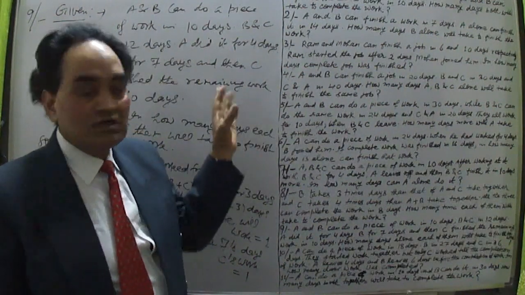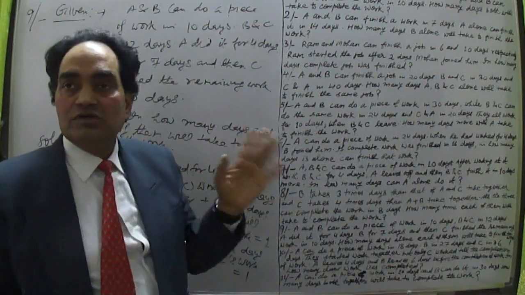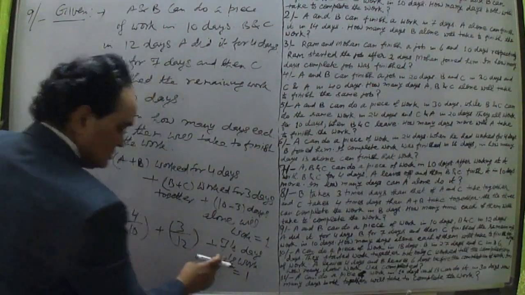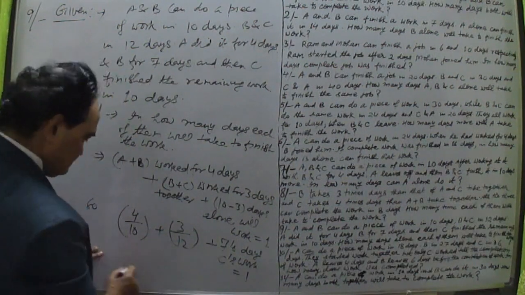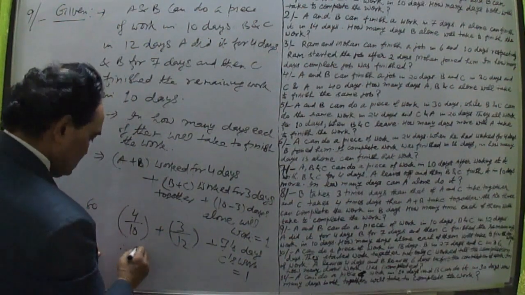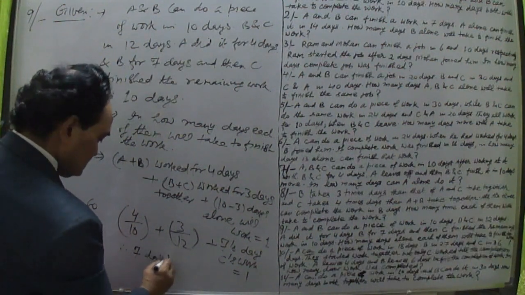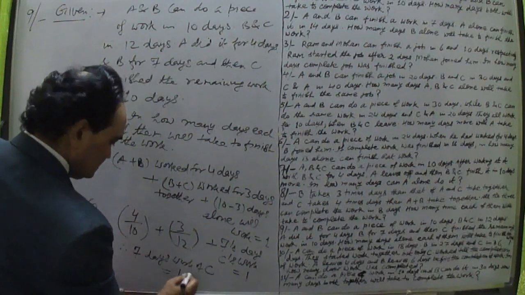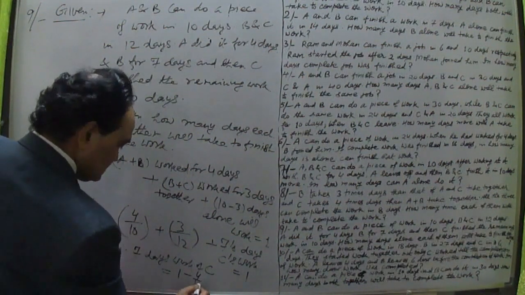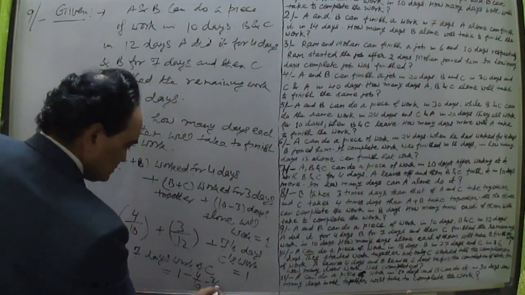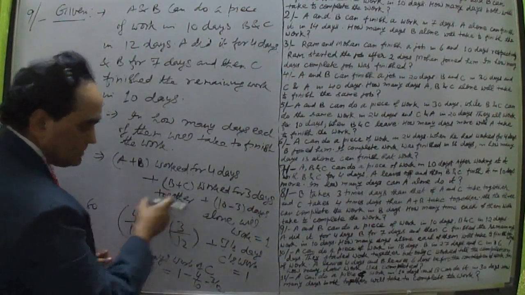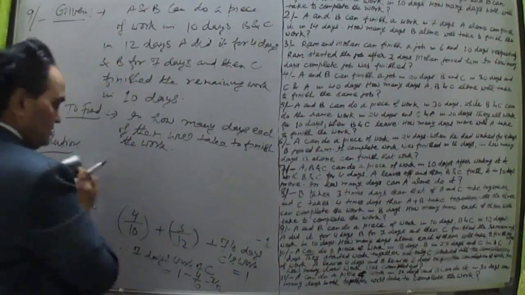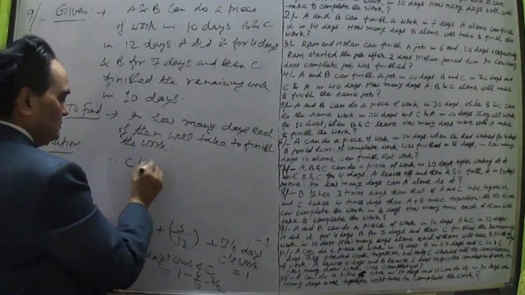Therefore, 7 days work of C is equal to 1 minus 4 upon 10 minus 3 upon 12. Why? Because we have taken these two to that side. So this is C's 7 days work.